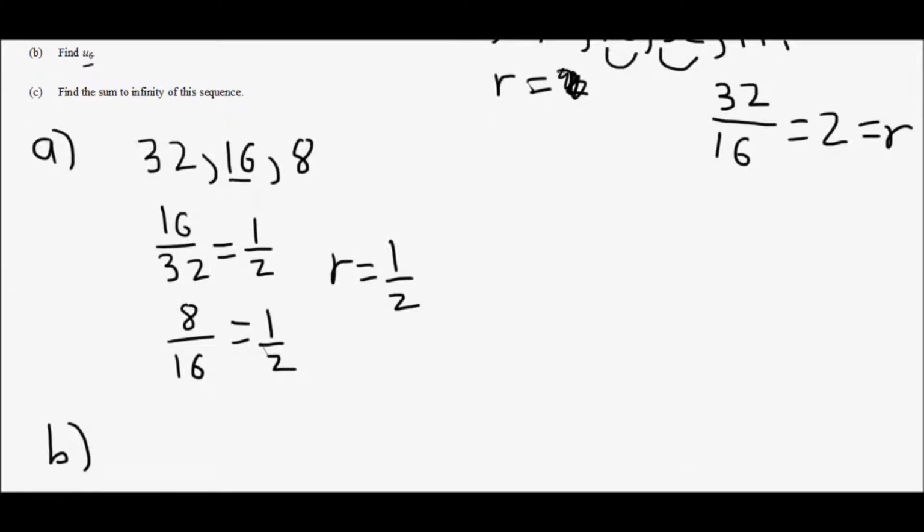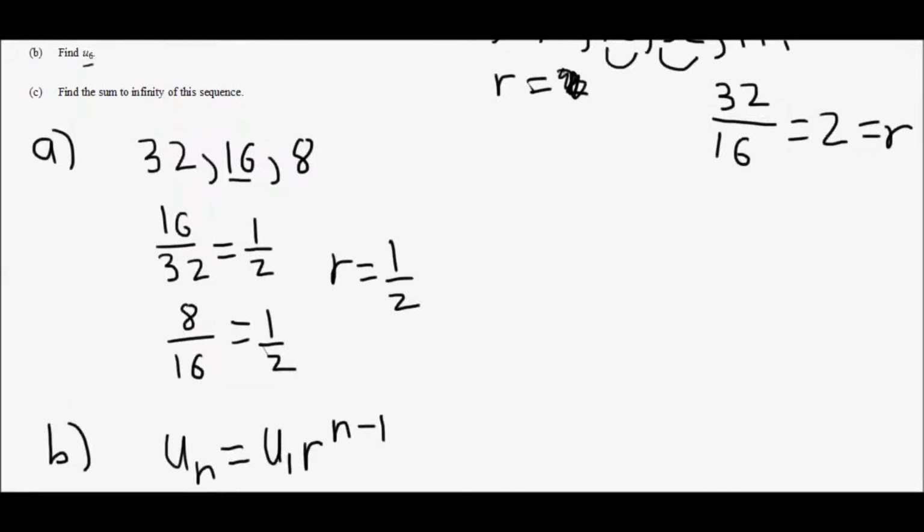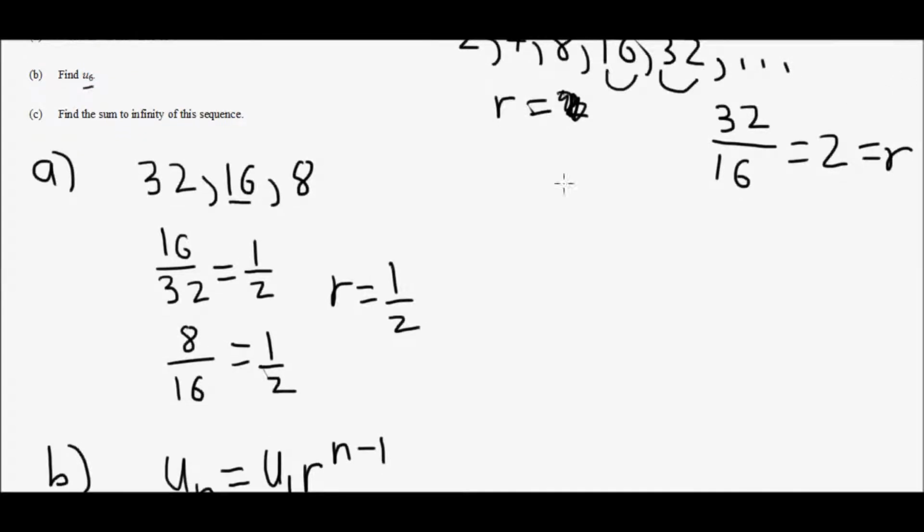So the formula to find a certain term in a geometric sequence is u of n equals the first term times r to the power of n minus 1. Now that we have this, we will go through the same way which you have all been taught, which is to simply substitute all the known variables on one side so that you can simplify that side and find out what the unknown variable, what the answer is.